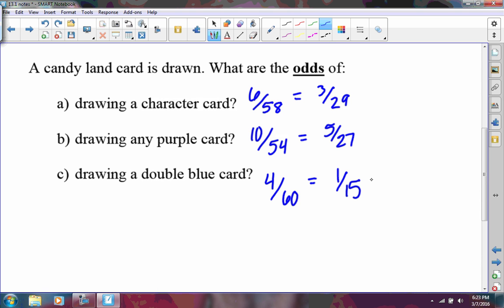So in a perfect scenario, if you drew 15 cards, one of them would be a double blue. But randomness that we're going to talk about in the future makes that not always happen. Okay, but that's what that means, the odds.